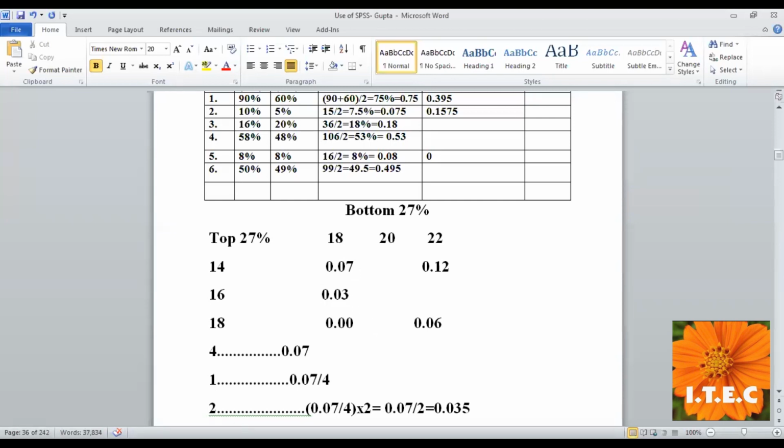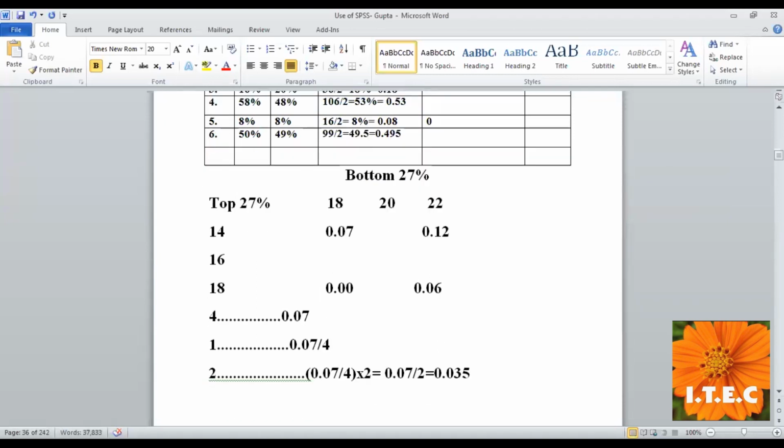So this value will become 0.07 minus 0.035, and that will be the same. So this value will be 0.035. Let us find out this value now.